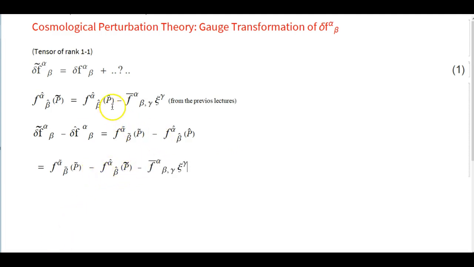So this is what we get by eliminating f alpha caret beta caret at p caret from both the equations, and we get this. Now what is this?